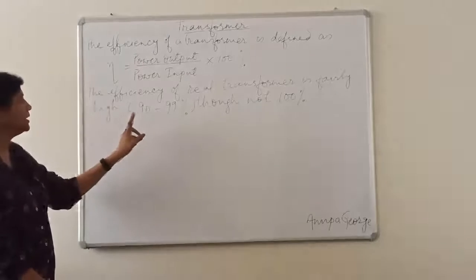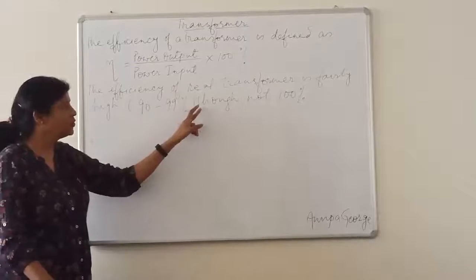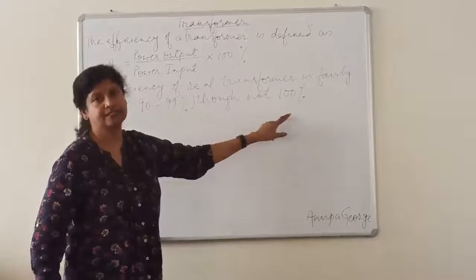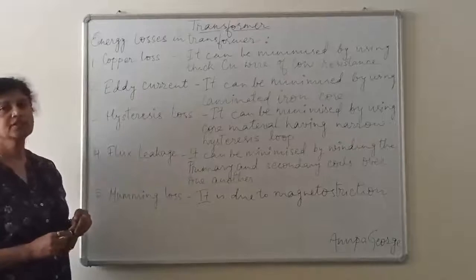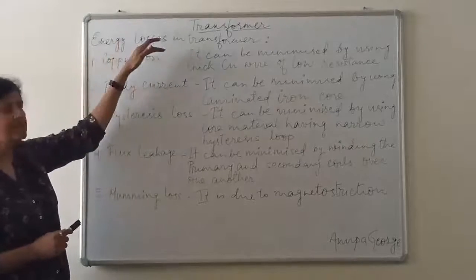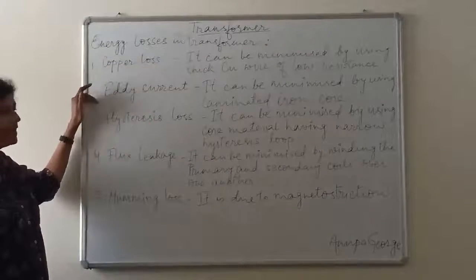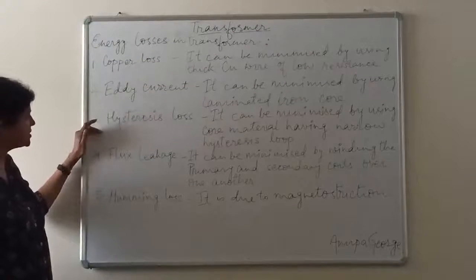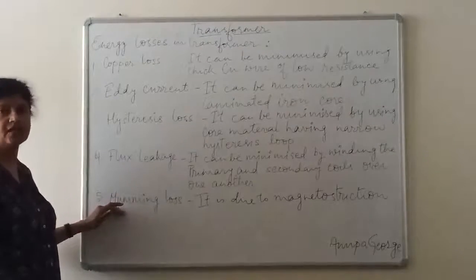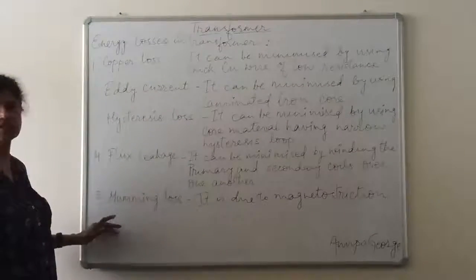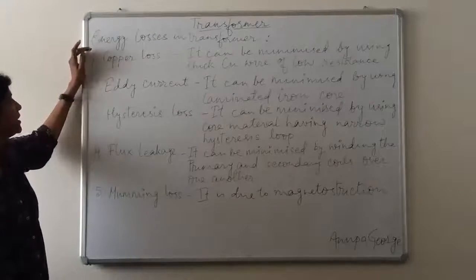It may be 90 to 99%, though not 100%. The main causes of energy loss in transformer are copper loss, eddy current, hysteresis loss, flux leakage, humming loss. They are main causes of energy loss in transformer.